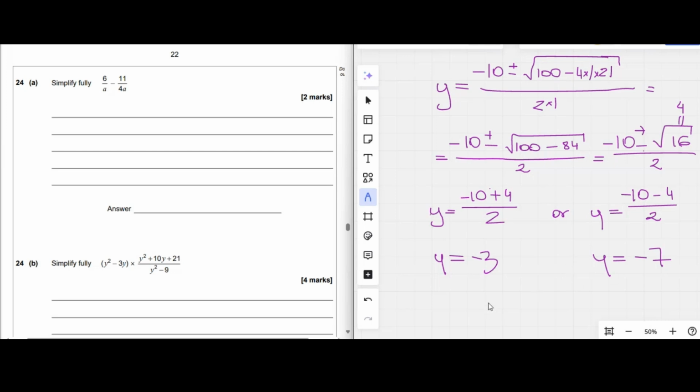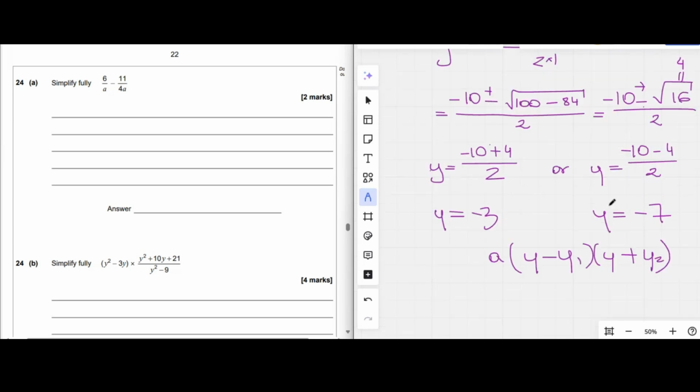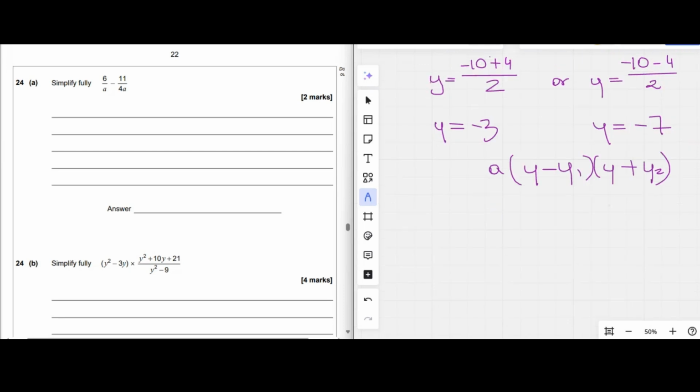And now we want to put this in the factor form of the quadratic equation. A was 1. y stays as y. That first y1, so minus 3 is plus 3.